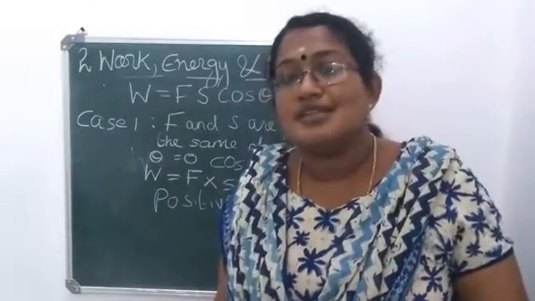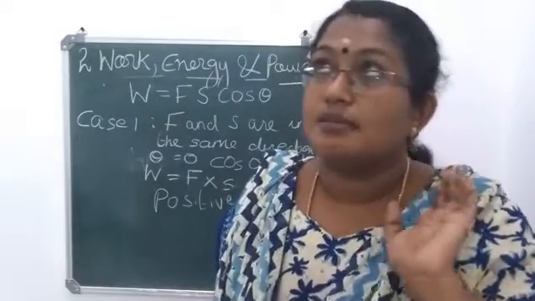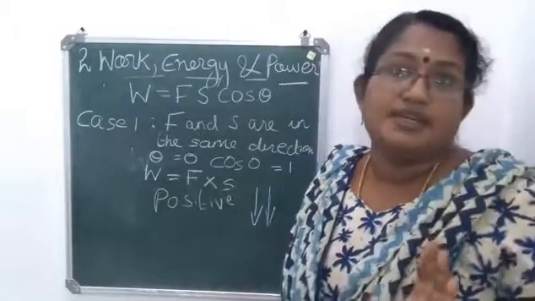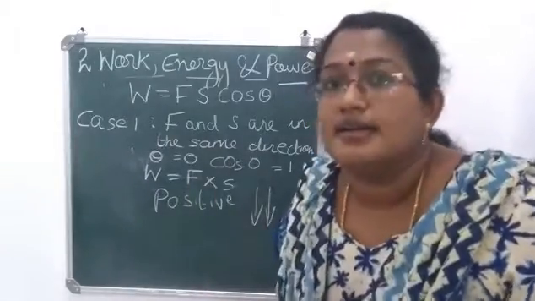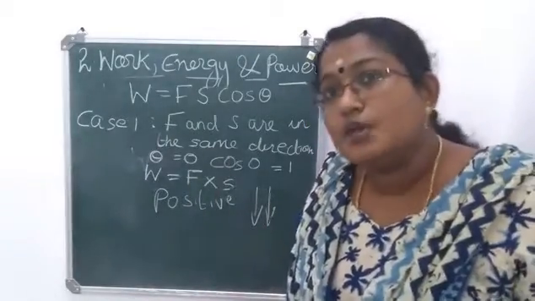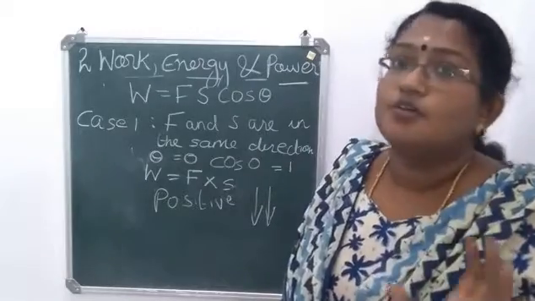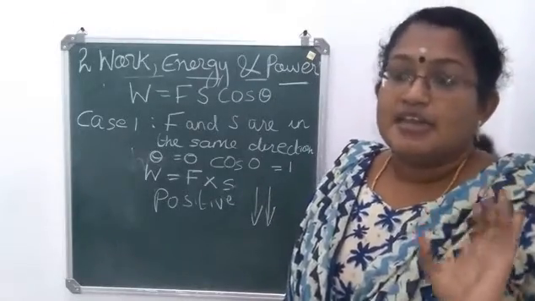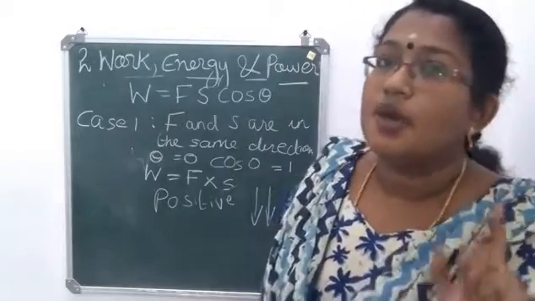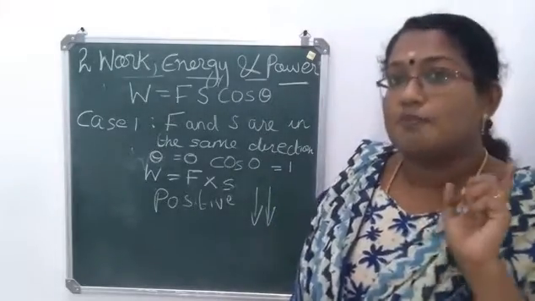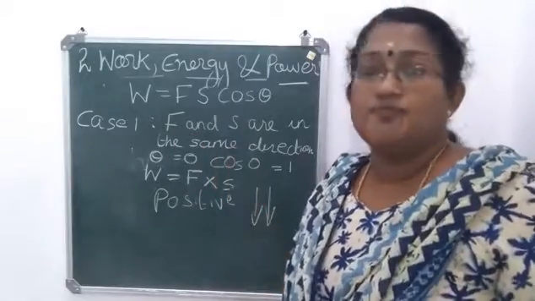So force is exerted in the upward direction, and at the same time the load is also moving in the upward direction. That means here also the work done is positive. Please be thorough with this concept. If force and displacement are in the same direction, theta will be equal to 0 and the work done will be positive or maximum, which is equal to F into S.